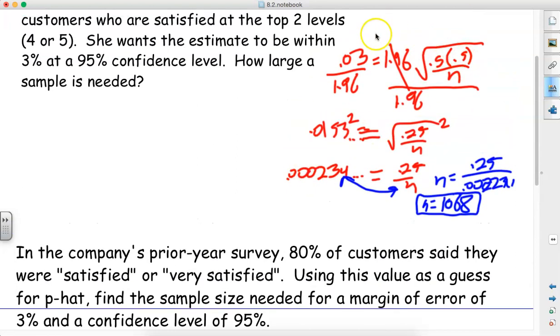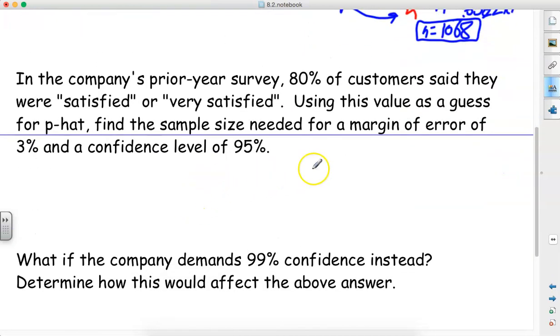But we're still going to use everything in the formula the same, except now P is 0.8, which makes Q over here 0.2. So everything else is going to be exactly the same. So we got 0.03. All right, and that's going to equal our critical value, which is 95%. So that critical value makes 1.96 again, times the square root.